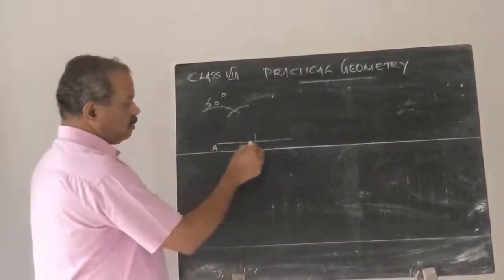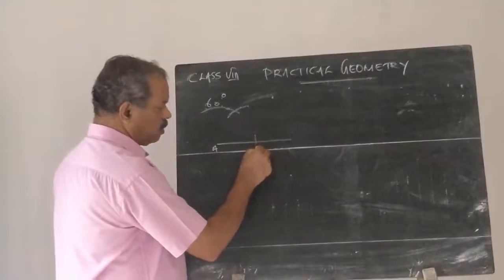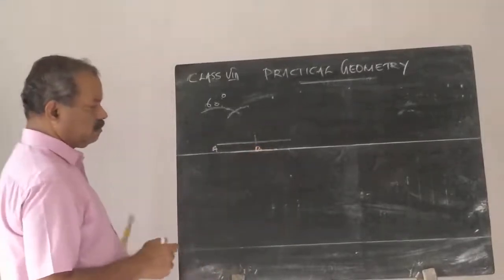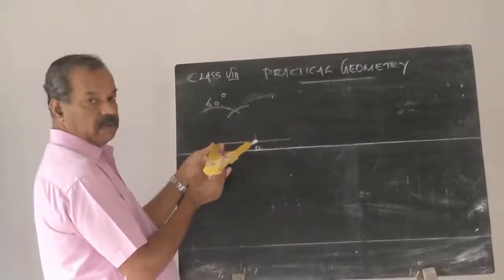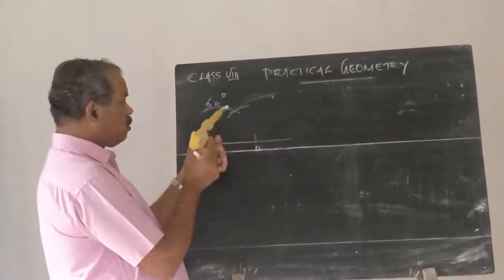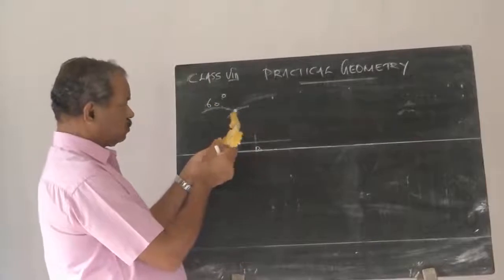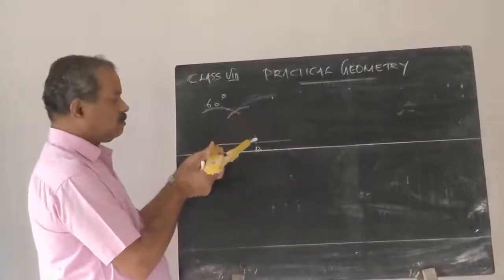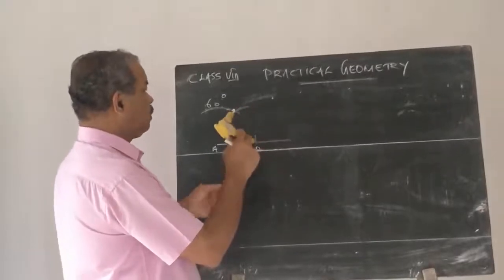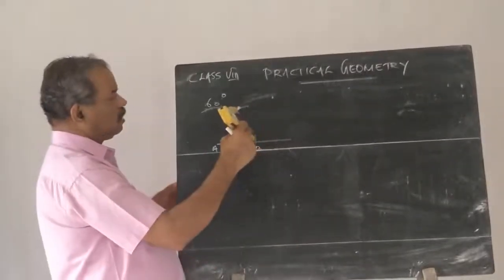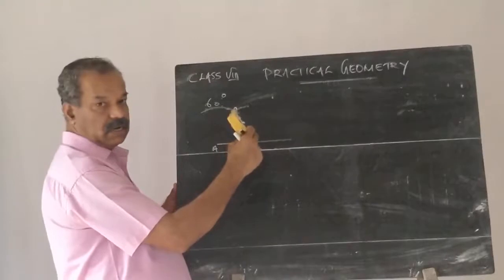From A, we draw an arc with radius AB, and then draw an arc in the plane also with the same radius AB. And from B, draw an arc in the plane so that the last arc cuts the second arc.